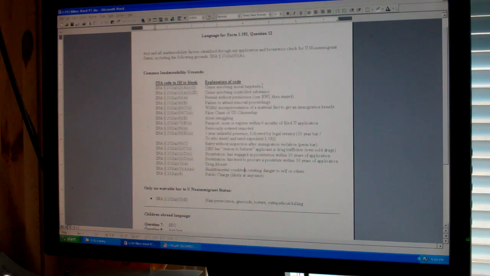If it was only one crime and it was for a maximum 1-year sentence, then it doesn't count as a conviction of a crime involving moral turpitude.